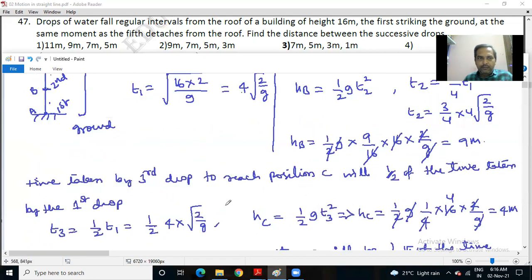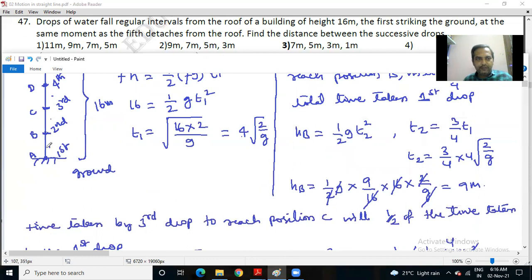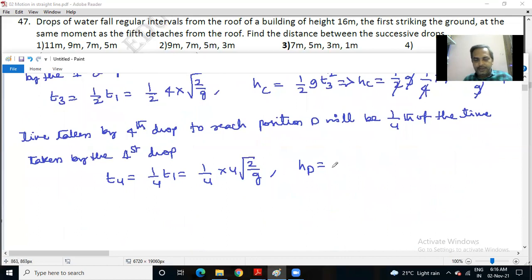When the first drop reaches the ground, the fourth drop is in the middle at point D. HD is equal to half g T4 square, so half into g into T4 square. So it will be 1 by 16 with again 16 with 2 by g. Therefore g cancelled, 2 cancelled, 16 cancelled, it will be 1 meter.